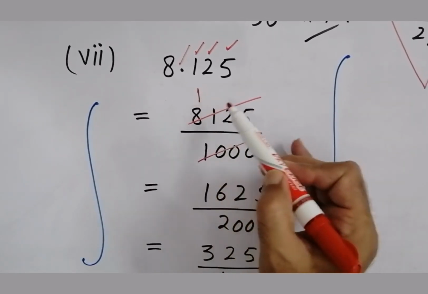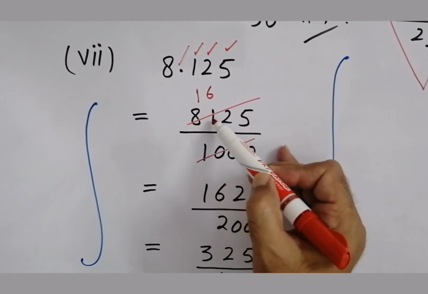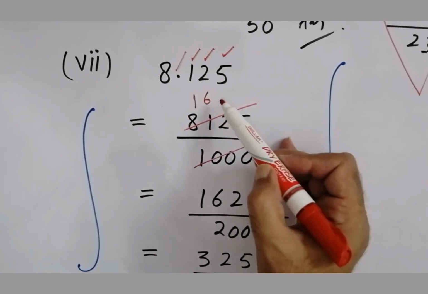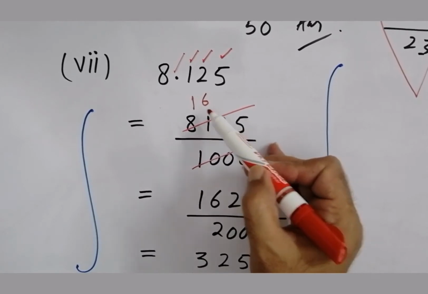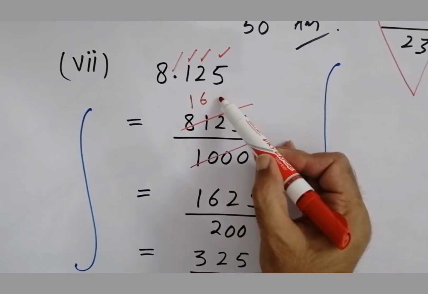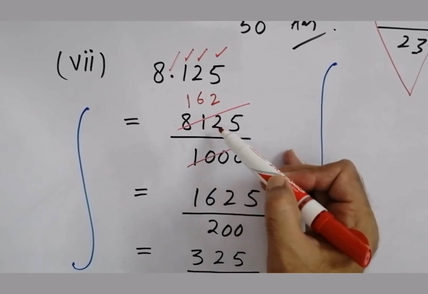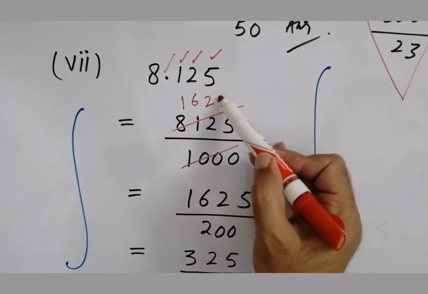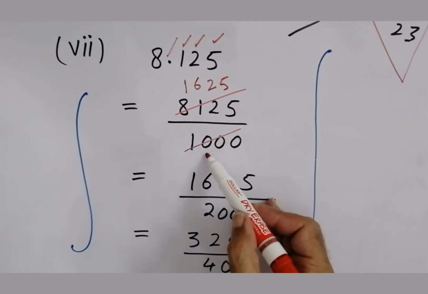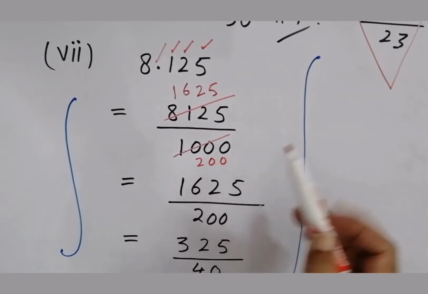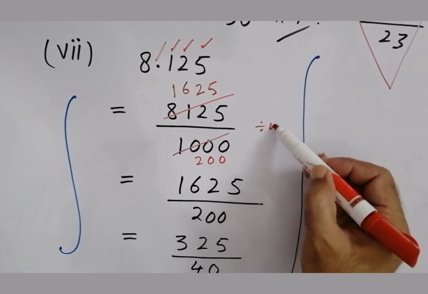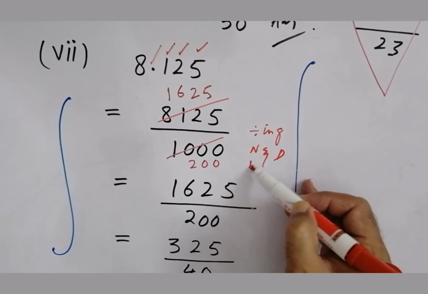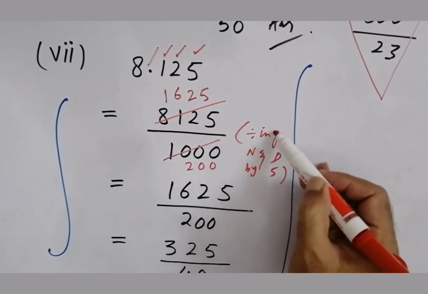So 5 1s are 5, 5 6s are 30, 1 carries to 2 makes it 12, 5 2s are 10, 5 5s are 25, and 5 2s are 10, 0 and 0. Dividing numerator and denominator by 5.